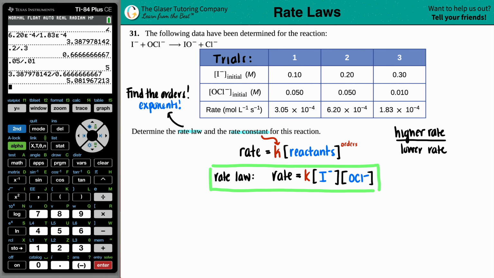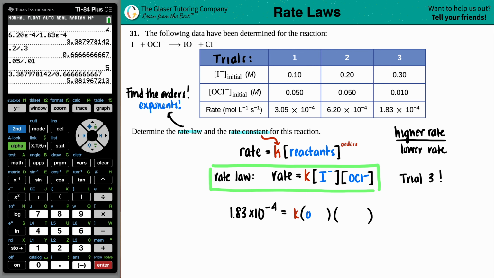So maybe what I'll say is, okay, I'm going to pick trial 3. If you want, pick trial 2 or trial 1, plug in the values and see what you get. All I'm going to do is use the rate law that I just found and the trial 3 values. So let's see. The rate is 1.83 times 10 to the negative 4th equals the k value times the I minus and the OCl.